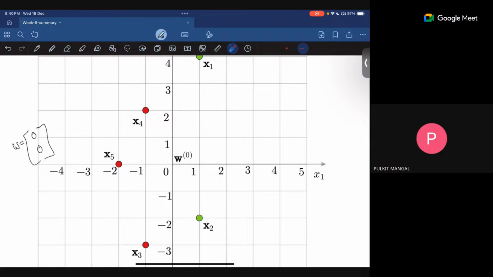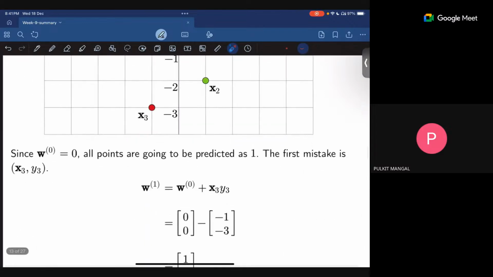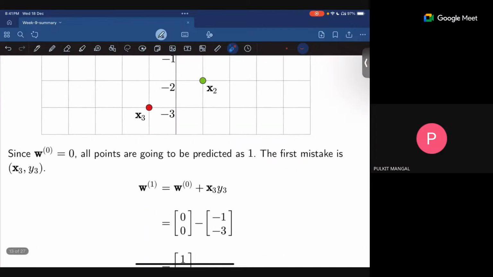So for each data point this weight vector will predict the output as 1. It will correctly predict for x1 and x2, but for x3 it is a mistake. So x3 is the first data point where it encounters a mistake. The first mistake is made at x3, y3, and this is where the first update will happen.